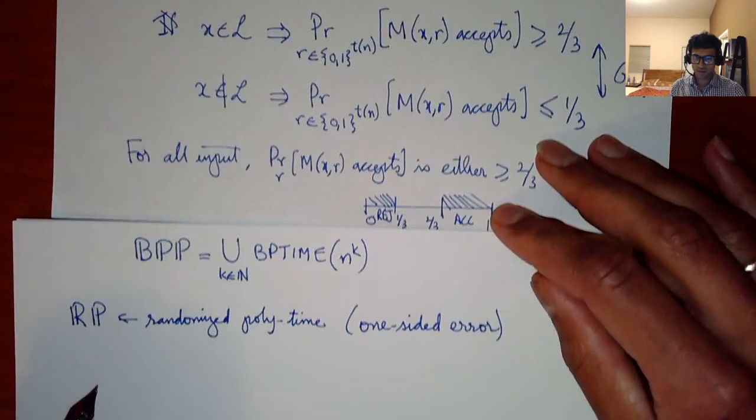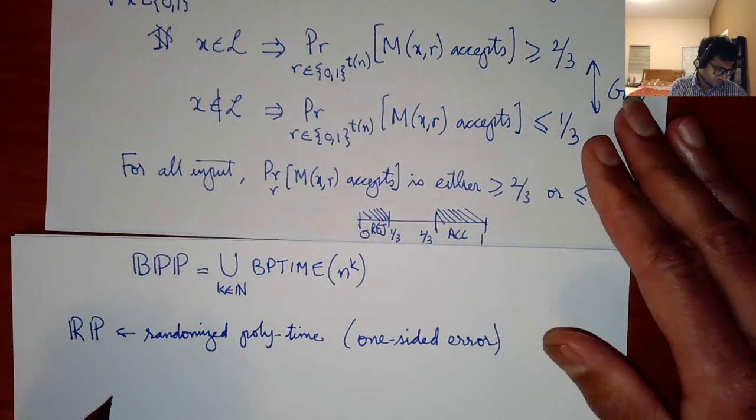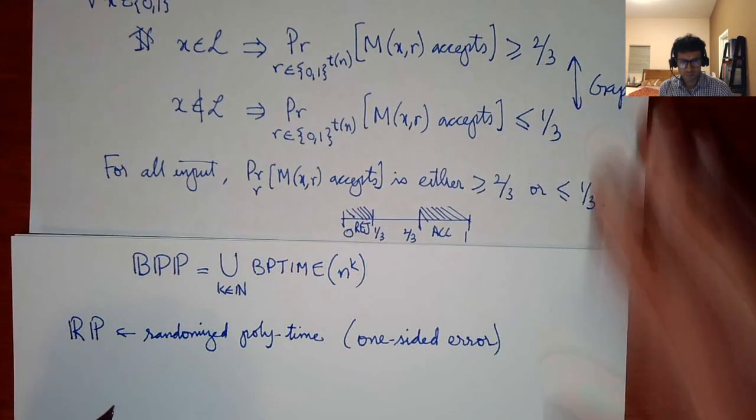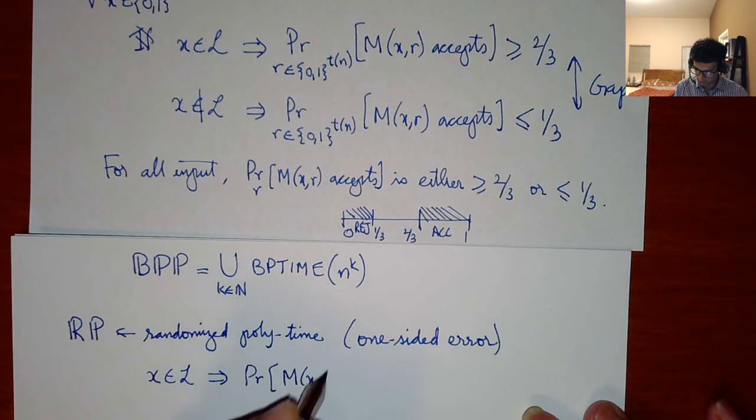Note that BPP can make errors on both sides, but our primality test was always correct when it was in the language. This is actually going to be the opposite of that. If x is in the language, then the probability that M(x, R) accepts is at least 2/3.